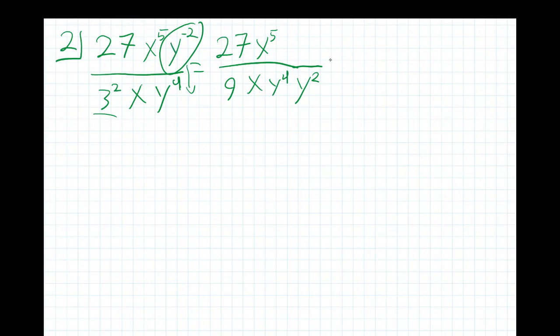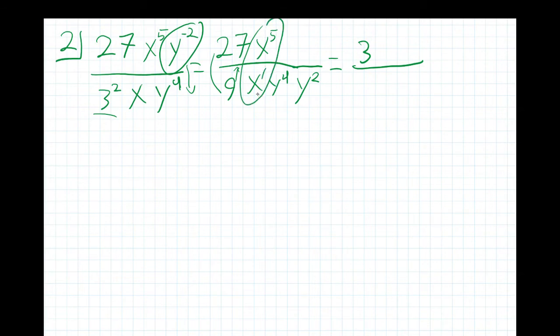So now, I can simplify 27 over 9. Well, they both share a 9 in common, and so 9 divided into 27, we're just going to get positive 3 up top. Next, we have x to the fifth over x.